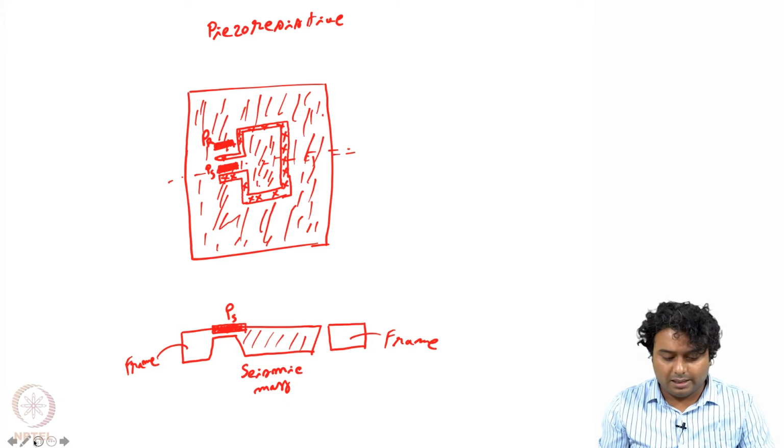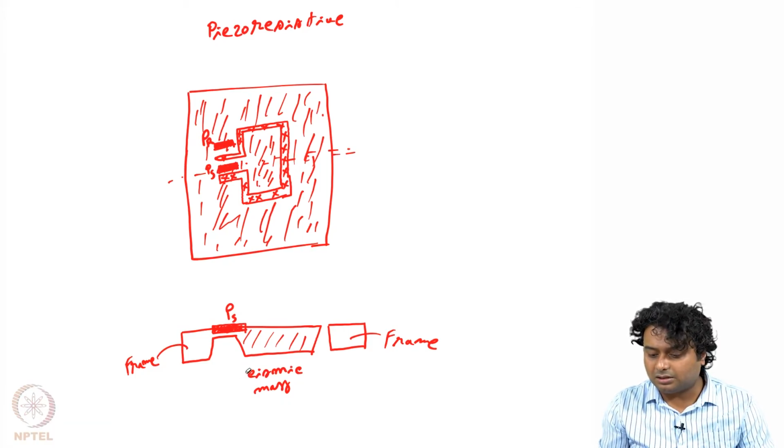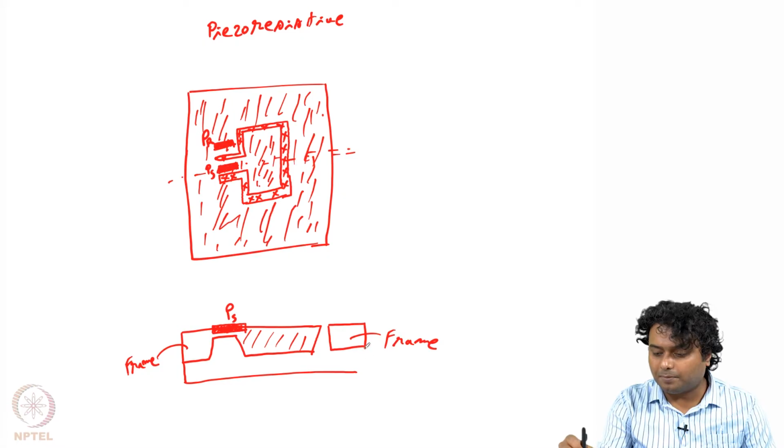Now, while making the actual structure, I will just delete the seismic mass. We need to package it, and while packaging we use a bottom cap and a top cap.